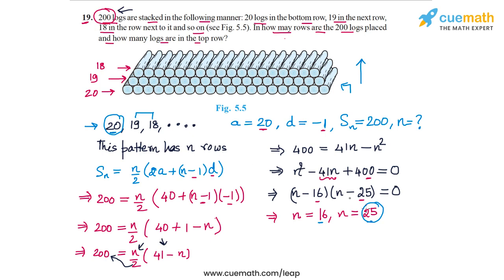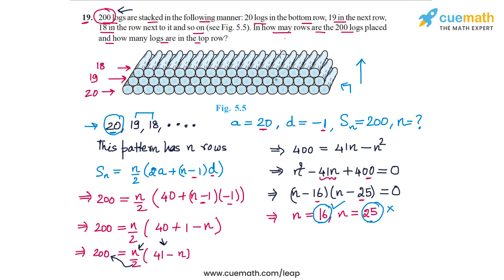We cannot have a negative number of logs in a row. So the correct answer is n is equal to 16, and n is equal to 25 we will discard.